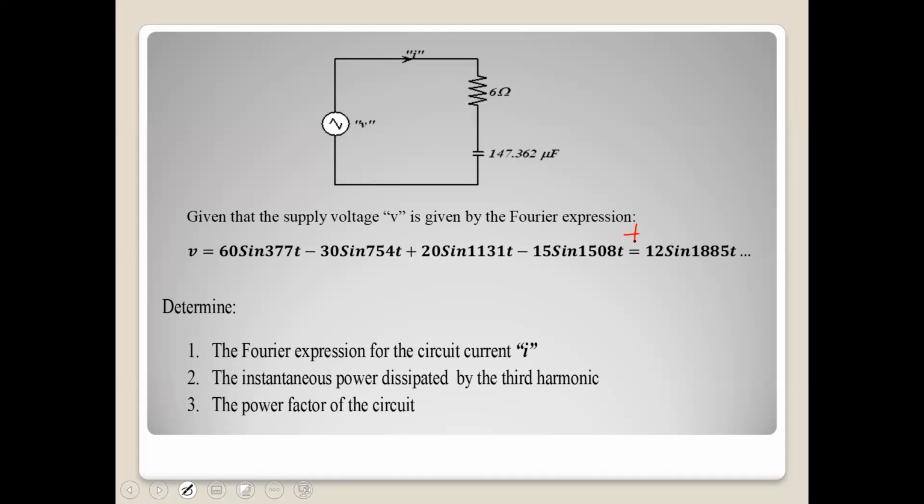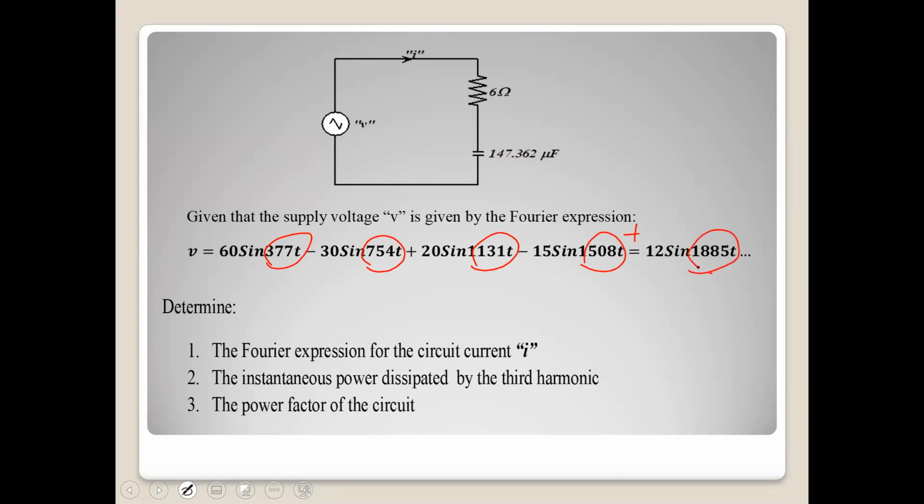It's not an absolute necessity, but it's good practice. If you note, we have here 377. And of course, you multiply 377 by 2, you'll get 754. If you multiply 377 by 3, you will get 1131 and so forth. Multiply it by 4, you'll get 1508, and by 5, you'll get this one.